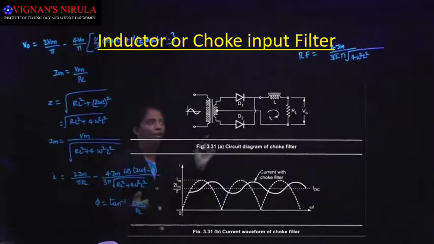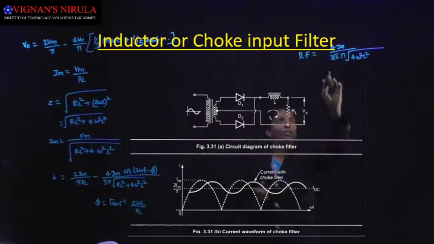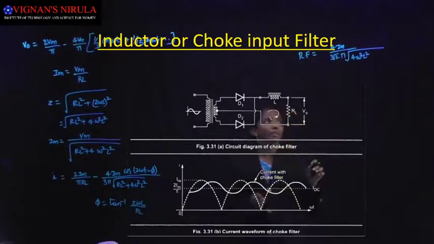From that, ripple factor equals 4 Im by 3 root 2 pi into square root of RL square plus 4 omega square L square.